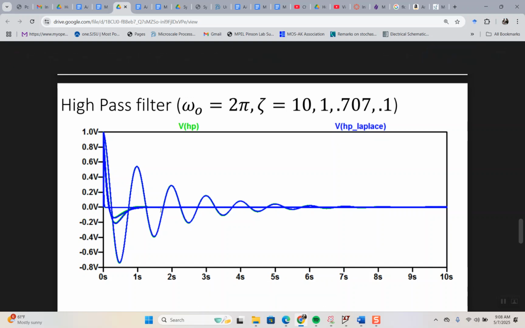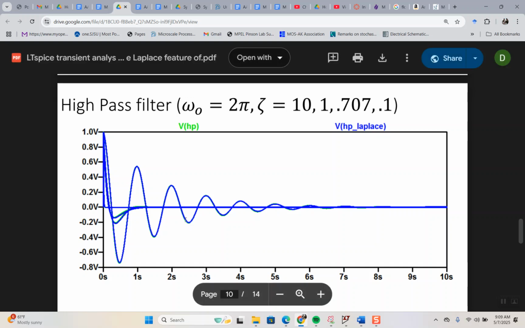at all. All right. But here's the thing, it's working, but notice right in this regime, and this is a part of these slides, you're starting to see the green and the blue deviate. So you have the high pass filter done with the RLC circuit with ideal components and the Laplace, and it's starting to deviate.